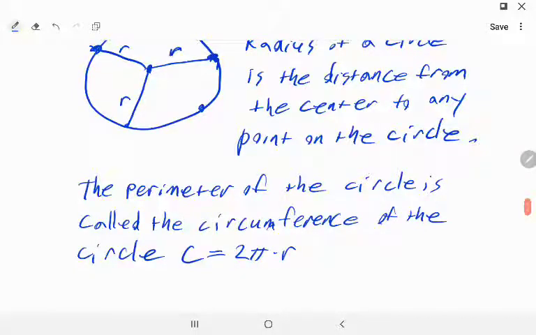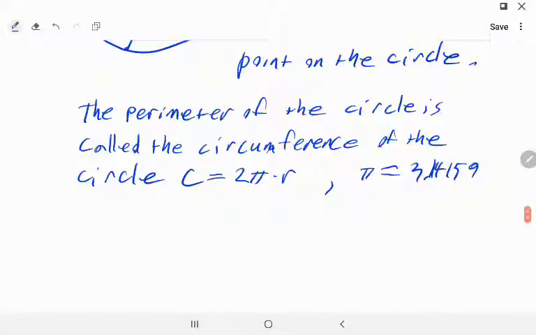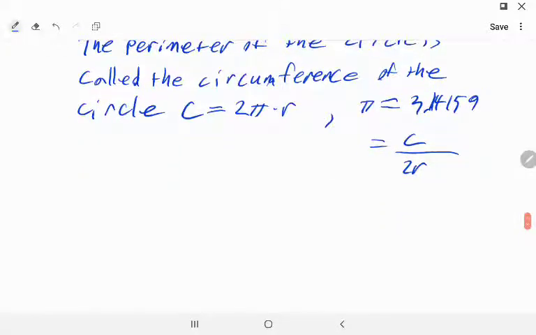And in fact, that number pi, which we know is approximately 3.14159, is an irrational number that goes on forever, and it's actually defined as being the ratio of the circumference to twice the radius, or circumference divided by diameter.